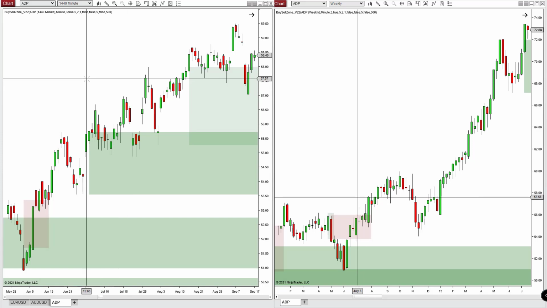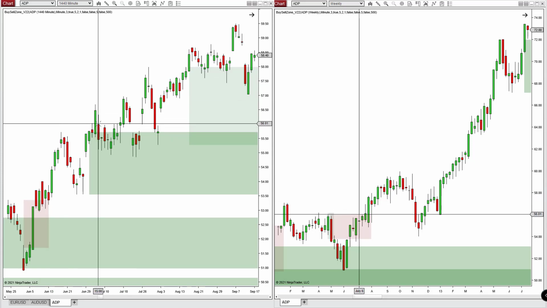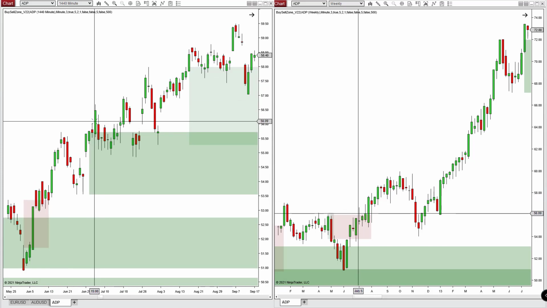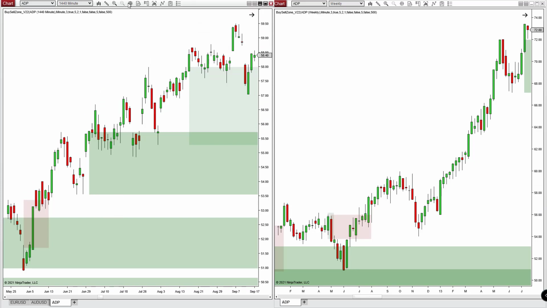What I've done is I have aligned my mouse so you can see if I hover over a bar on my left chart, you can see where price is on the weekly chart. And to do that, you just come up here and you have a couple options. You have global, which is what I have currently on both charts.